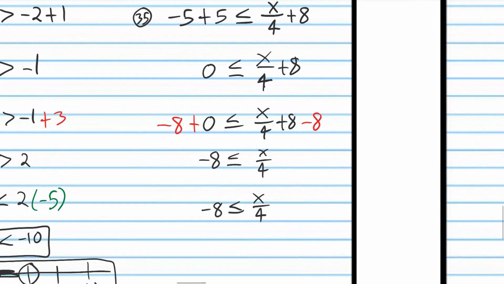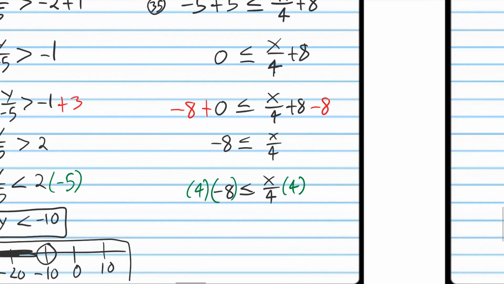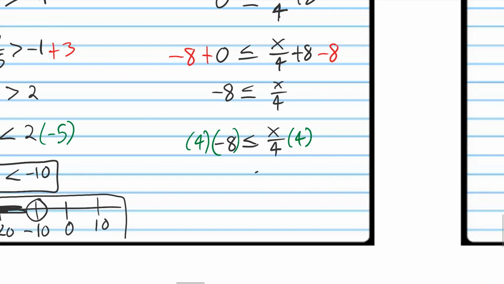We're not multiplying by a negative, so we don't have to flip the inequality sign. But you do have to put both these numbers in parentheses. So negative 32 is less than or equal to x. So if you got that answer, good job. That's your algebraic solution.